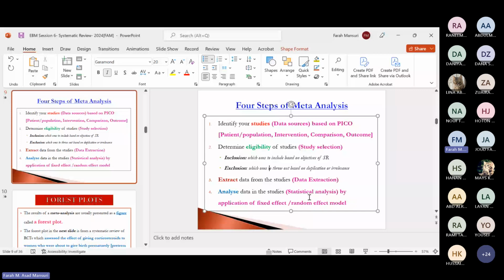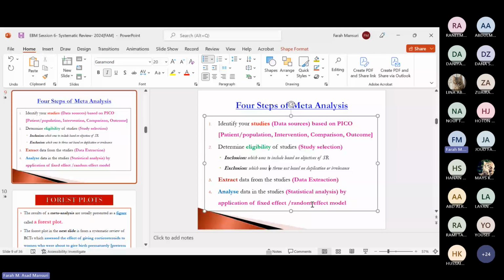Then we have to apply the statistical analysis for analyzing the data. And this statistical analysis can be applied either by putting the model of fixed effect or the random effect model. This is a high level of understanding, but you must know that after data extraction, only then do we apply meta-analysis.